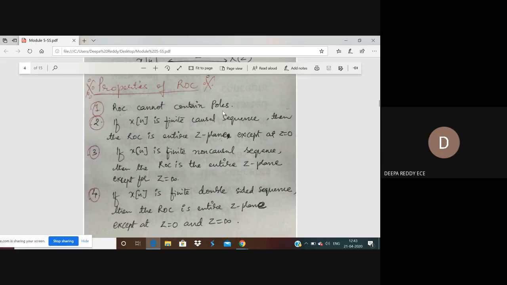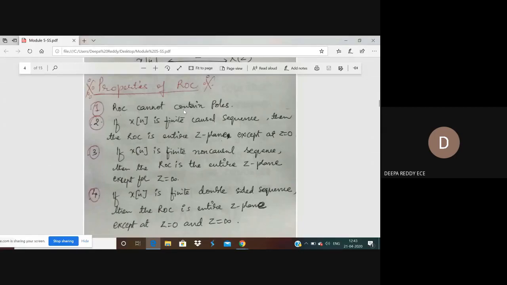Numerator ones are called zeros, and denominator ones are nothing but poles. Now ROC cannot contain poles. Within the region of convergence, there should be no poles which exist.